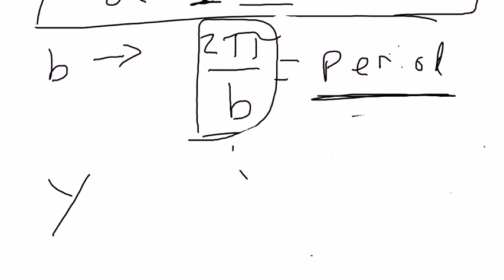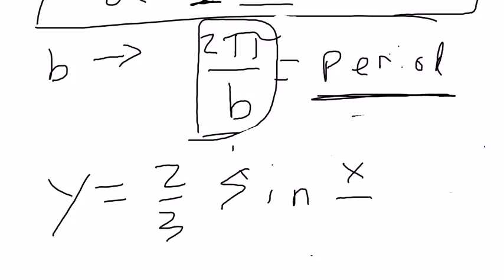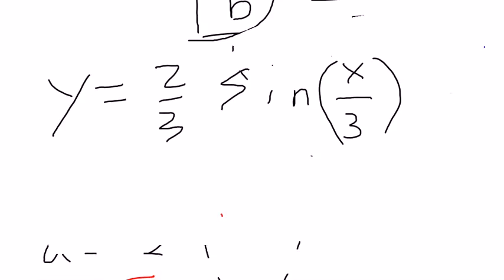Let's say I have y equals 2/3 sine of x over 3. And we have to find the amplitude, and we have to find the period.